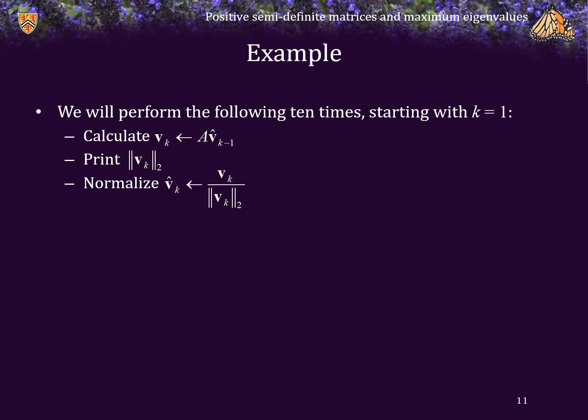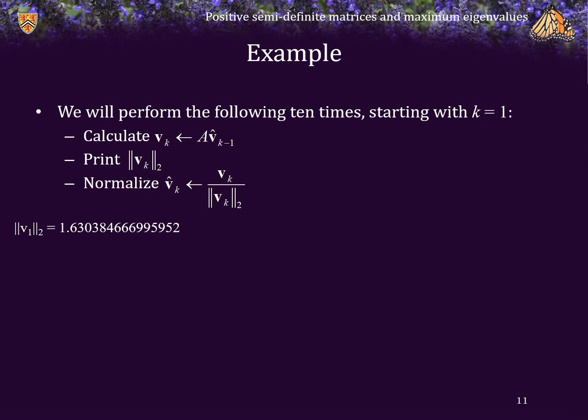With our next step, we will normalize that vector to give us vk cap. And we're going to do this 10 times. So starting with v naught cap, we multiply v naught cap by A, and that gives us v1, which has a magnitude of 1.63 and change.